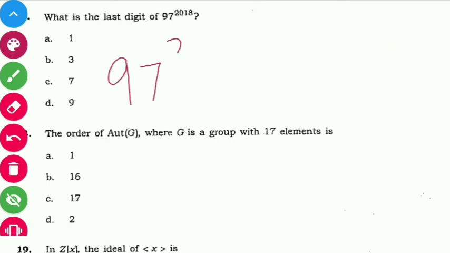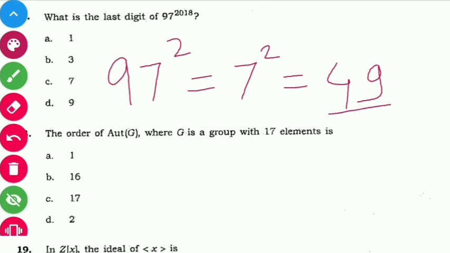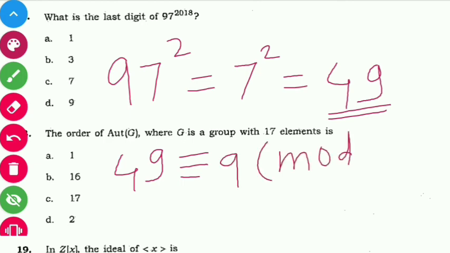Oh, sorry. 97 square is equal to, yeah, this is 7 square. Now again this is the same as 49, right? 7 square is 49. But now just note that this 49 is congruent to 9 mod 10. And basically you just want to reduce the number modulo 10. So I'm just reducing it to mod 10, then I get the number 7 square.